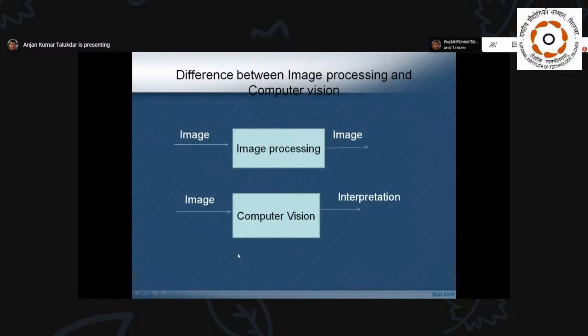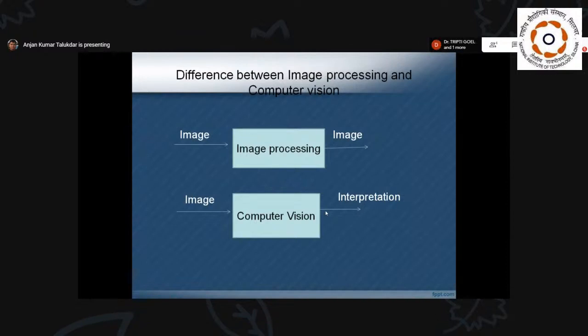But in case of computer vision, your input is an image, but output is some interpretation of the image. For example, what are the objects there, what are the colors of the objects, how many objects are there, etc. But image processing plays an important role in computer vision, because to model this computer vision problem, image processing helps a lot. So we can say image processing is a part of the whole computer vision system.